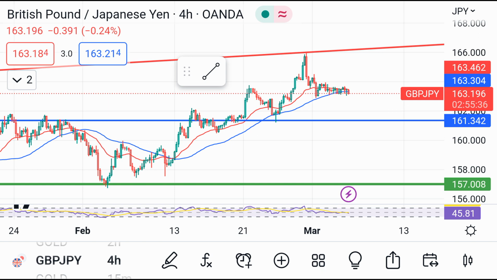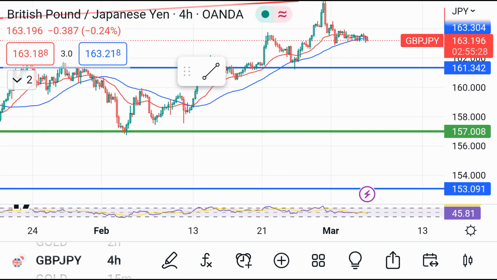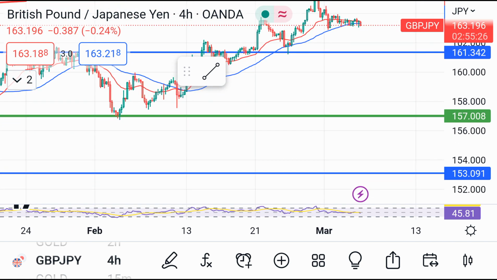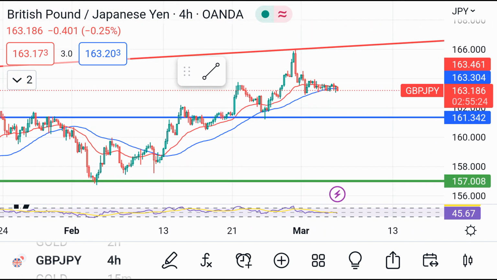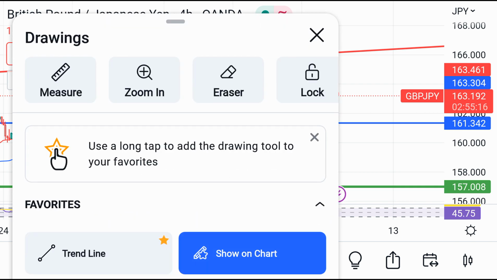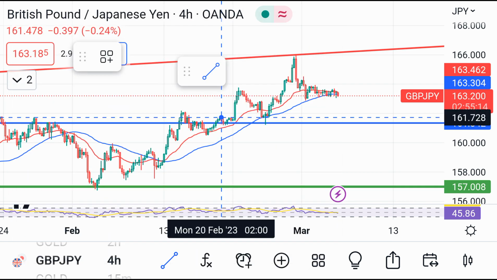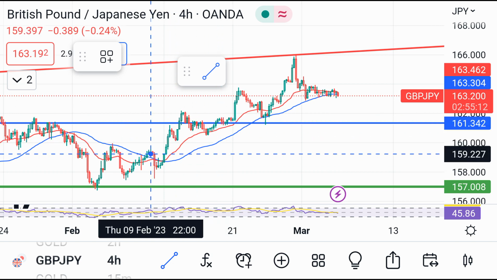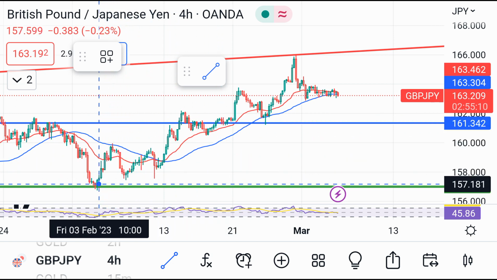So first of all, let's draw our trend line. My time frame is the 4-hour time frame.